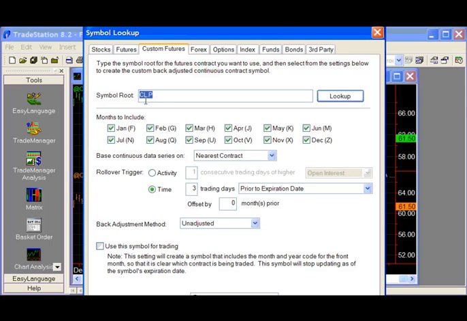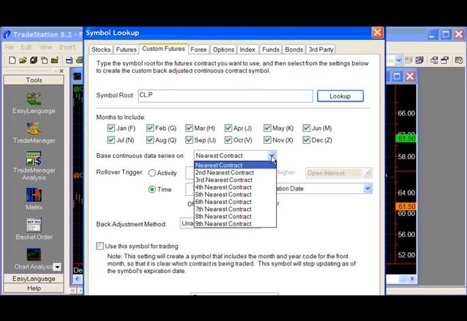First, you're requested to put in a symbol root, and you can use the lookup again to find the root if you're not sure what it is. In this case, I've chosen CL.P. The months to include are checkboxes here. By default, all the trading months will come up checked, and you can remove any you don't want. Then there's base the continuous data series on. So do I always want to be rolling into the nearest contract or a more distant contract?